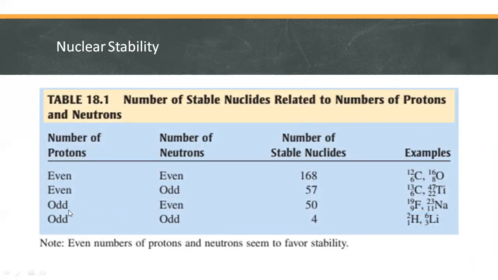Compared with an odd number of protons and neutrons, there are only 4 stable nuclides, meaning there are more unstable nuclides with an odd number of protons and neutrons.